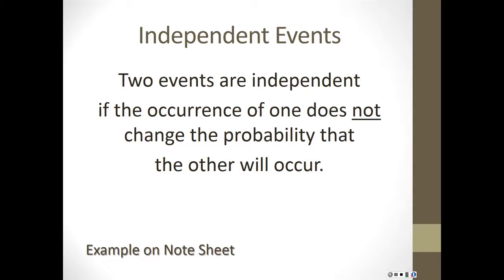Independent events is not the same definition. Independent events means that one doesn't have any influence over whether or not the other one can occur. One doesn't influence the probability of the other. Now, if A happens, B can't happen. Did A influence B? If A happens, B can't happen. Was there influence? Yeah.